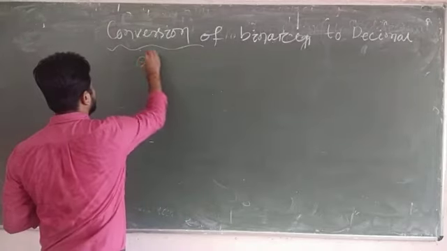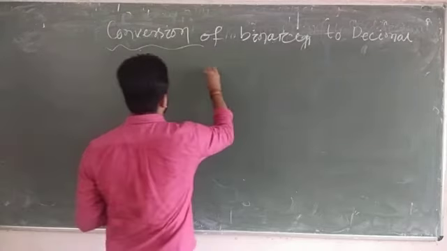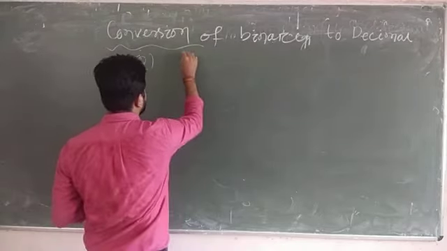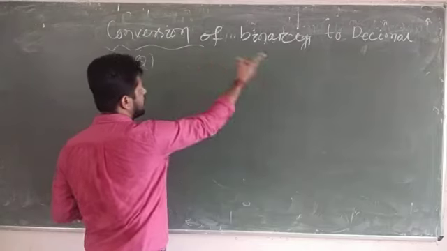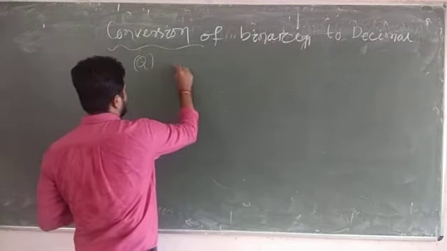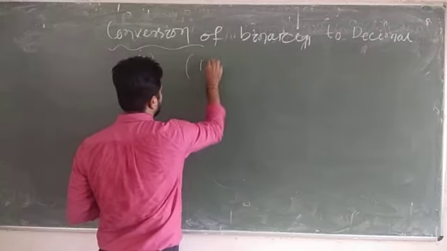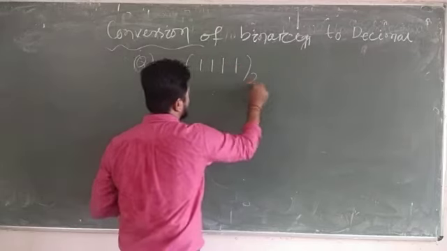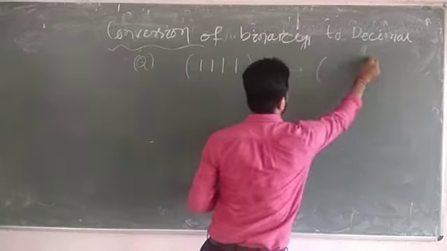So, a few questions. The question is conversion of binary to decimal. So this is your homework question. Convert 1 1 1 1 into decimal.